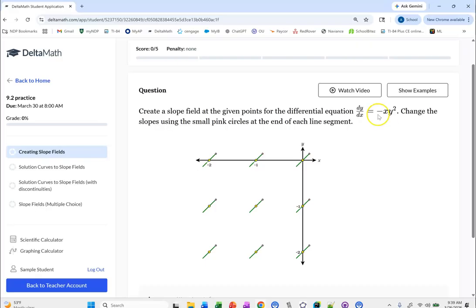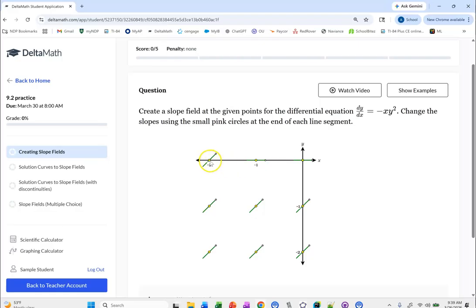So for this example, if I have the point 0, 0, if I plug 0 in for x and 0 in for y, what do I get? 0, right? So I'm just going to take this and adjust it so it has 0 slope. If I take the point -1, 0, what is the slope going to be there? 0 again, right?